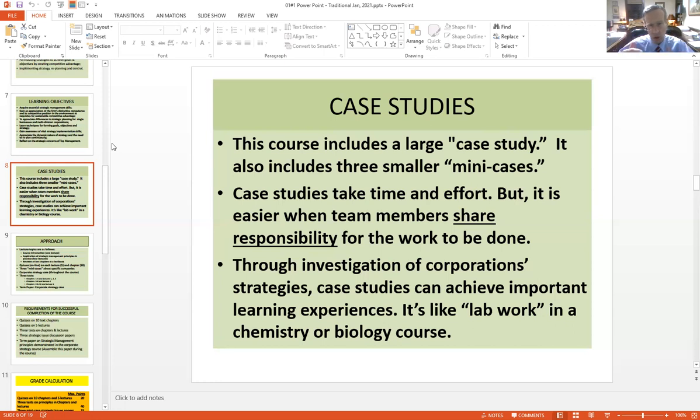In social science and commerce especially, we don't have the precise laws of physics or chemistry, but we can form some generalities about relationships between the external environment, internal capabilities, and performance potential. I hope that this case, the John Deere case, will give you that insight, and that the mini cases will as well.